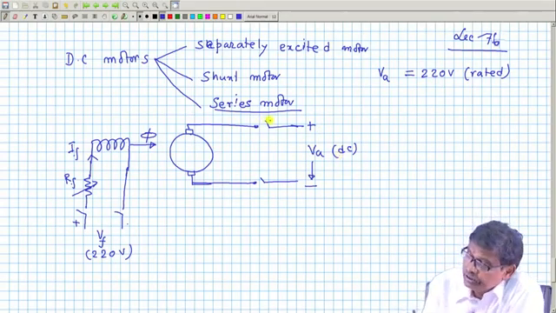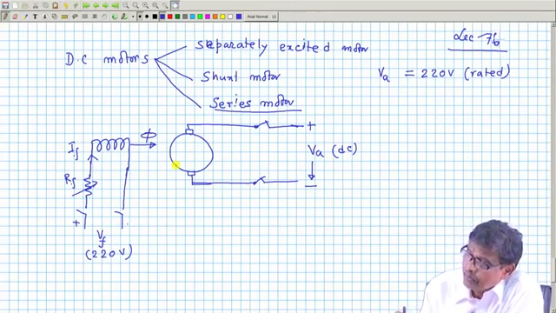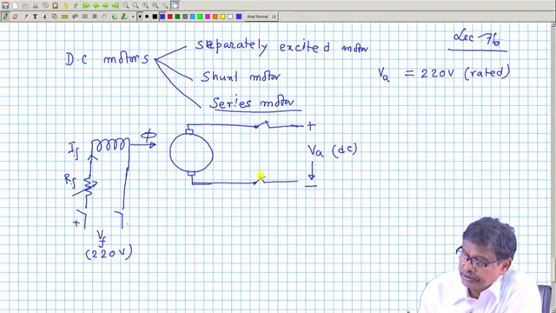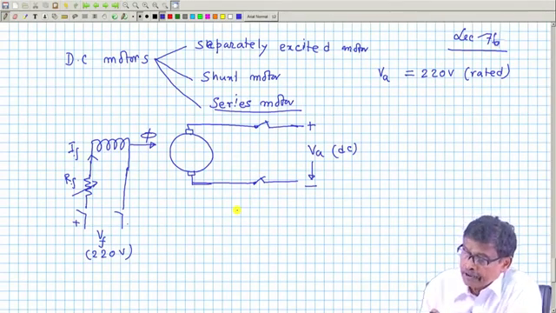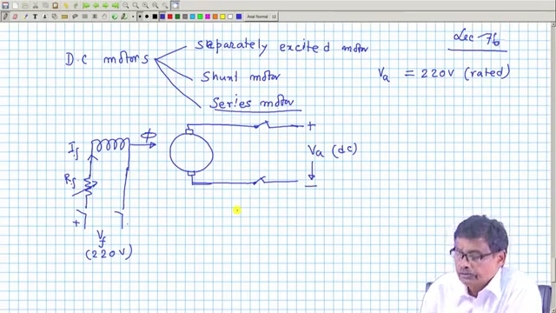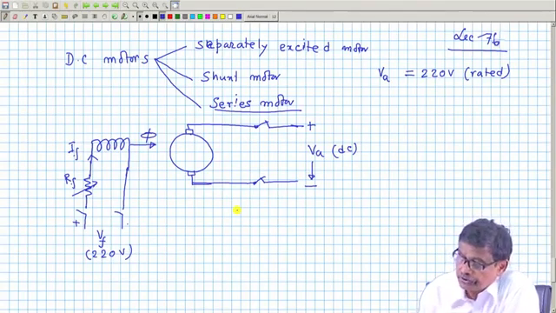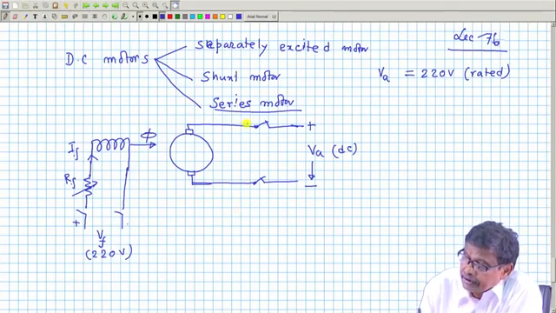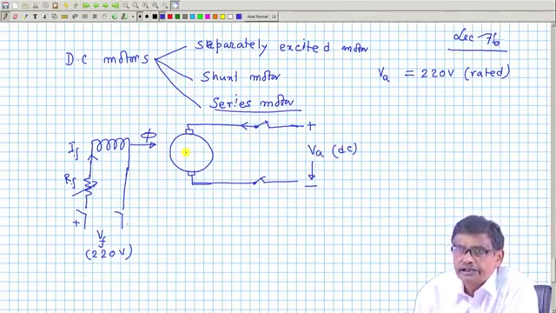Now, when you switch on this machine without doing anything, at the moment you close these switches, how much will be the current? Because the machine was stationary, the machine has some inertia. So at t equal to 0 plus, immediately after you have closed this circuit, the current drawn from the supply is called the starting current.